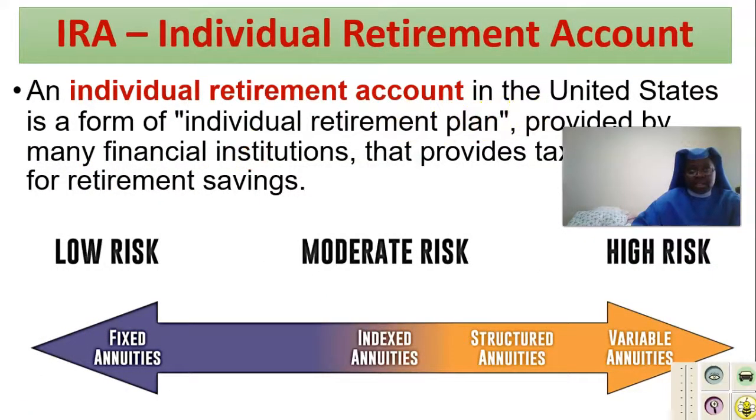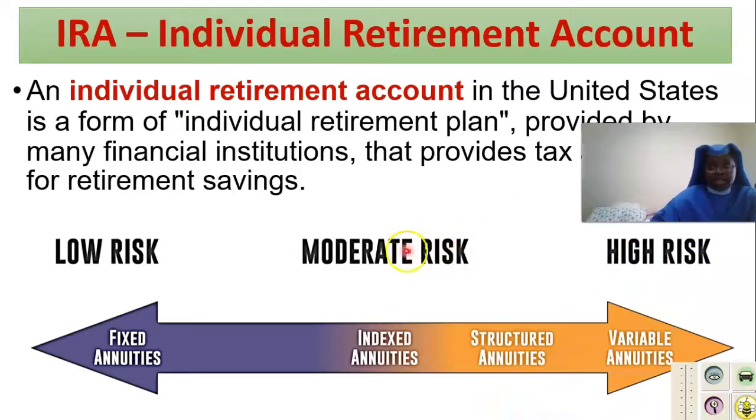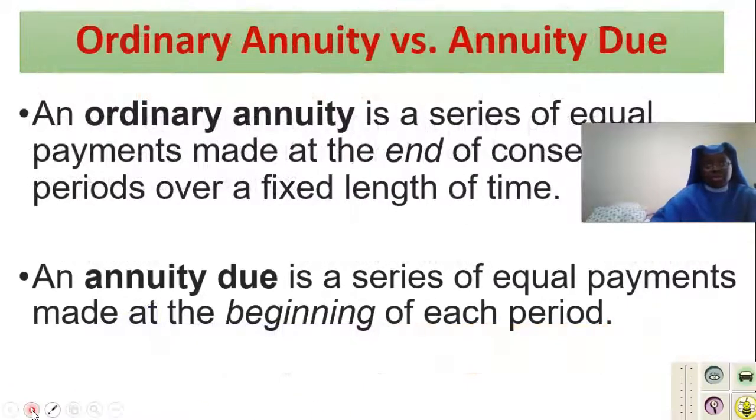In the United States, it is a form of individual retirement plan provided by financial institutions. They provide tax advantages for retirement savings. There are different kinds of it. Some have low, moderate, or high risk, and that will also determine the gain you're going to get. You can check them out, but just be aware there are different kinds, and try to understand them before you choose.